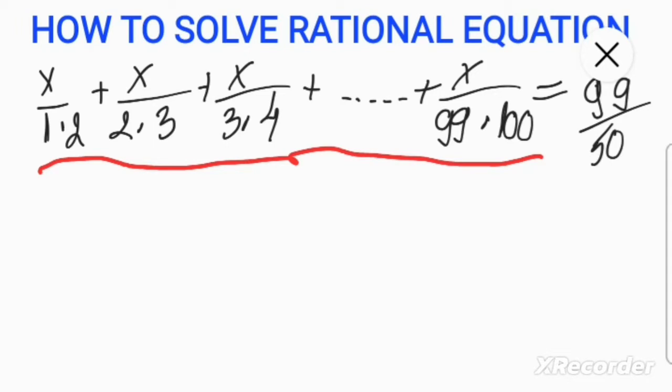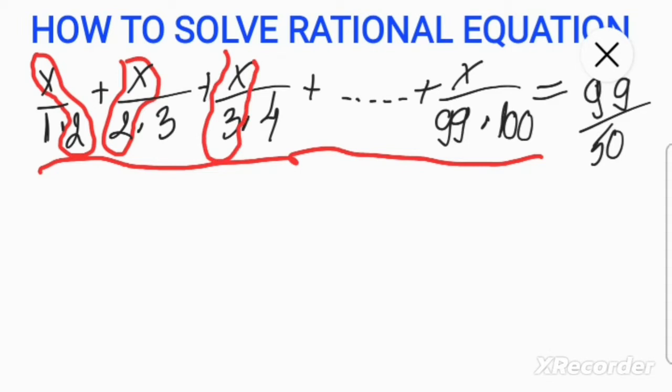So, the pattern is this one: x over 2 with x over 2, x over 3 with x over 3, yes? So, in order to solve this, we will factorize x.